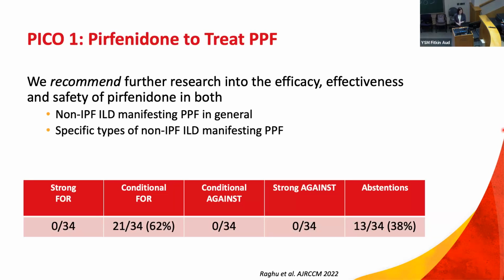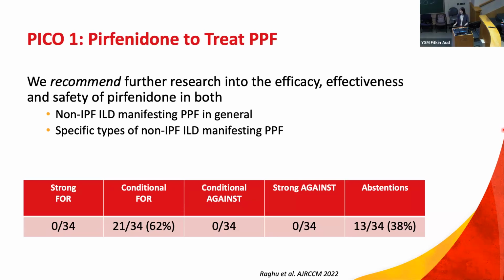Should we use pirfenidone to treat progressive pulmonary fibrosis? This is based on a systematic review and meta-analysis considering 2 studies that I think were underfunded, tried to recruit during COVID, were stopped early, and didn't meet their primary endpoints, but met their secondary endpoints. Everybody who voted was conditionally for pirfenidone to treat PPF, but 13 out of 34 participants abstained from voting.